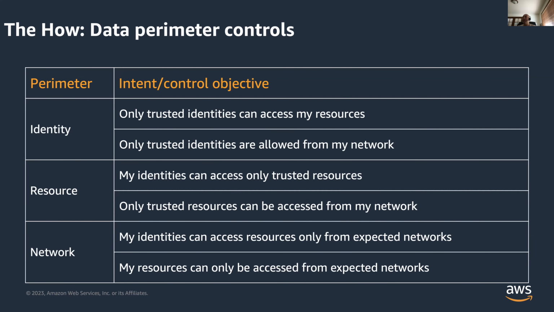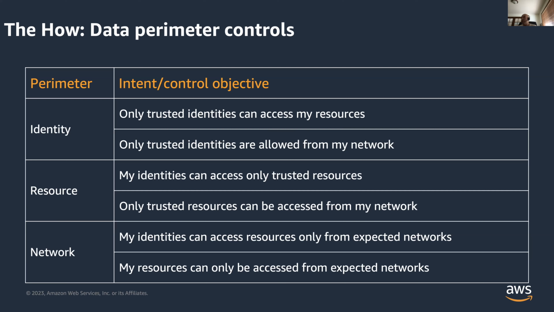So how do we define this perimeter? As we said, there are three components: the identity, the resources, and the network. Each one touches on the other two. We need our trusted identities to access only our resources, and only trusted identities are allowed from our own network.